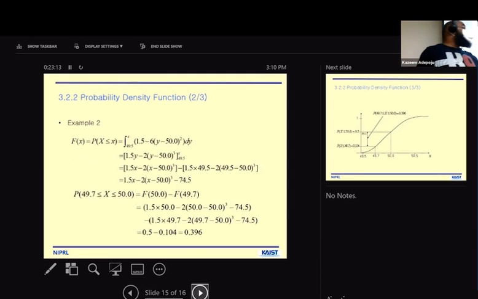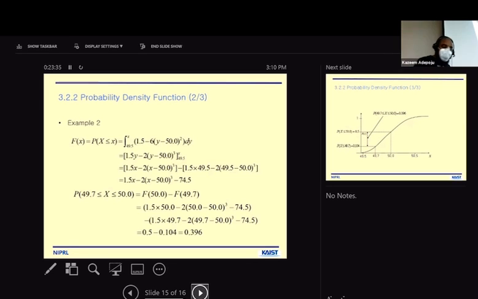When you terminate at x, you change the variable inside to y or t or whatever, but it has to be other than x. Then you integrate, do the antiderivative, plug in x, then plug in 49.5, then subtract.